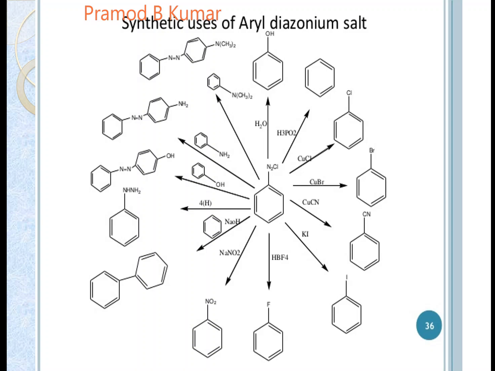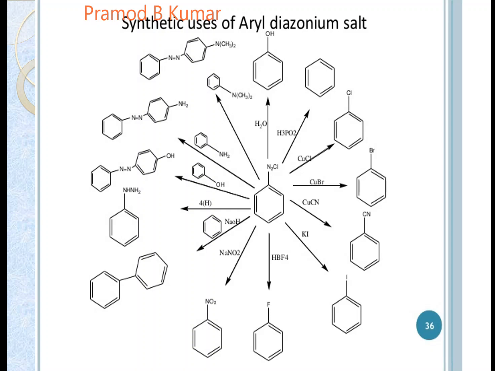If you couple it with a phenol, you get an azo coupled product, which is used as an indicator for detection of phenol. And with aniline and others, various dyes can be prepared. So various coupling reactions can occur with the benzene diazonium salt depending upon the temperature.